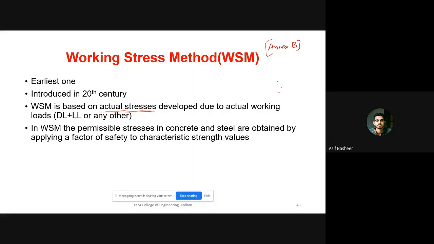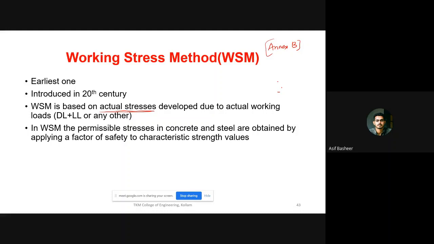I will show that he can take only 20, but actually he can take up to 50. That is, we will limit the strength of the material to a lower value, such that there won't occur any problem. For the load, we will consider the same as whatever is happening, but for the material, for the concrete and steel, what will I do?